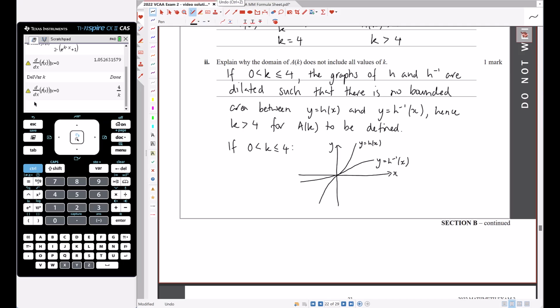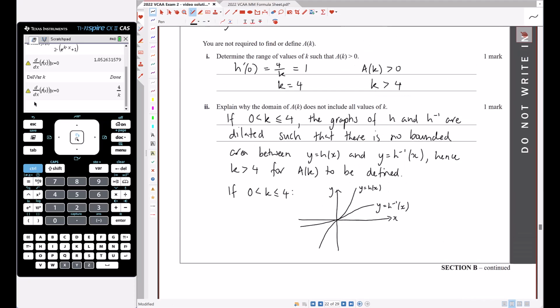Okay, so I always think sometimes a diagram helps to illustrate what you're trying to say, but some justification as to why k is going to have to be bigger than 4 in order for you to actually get a value for A of k.